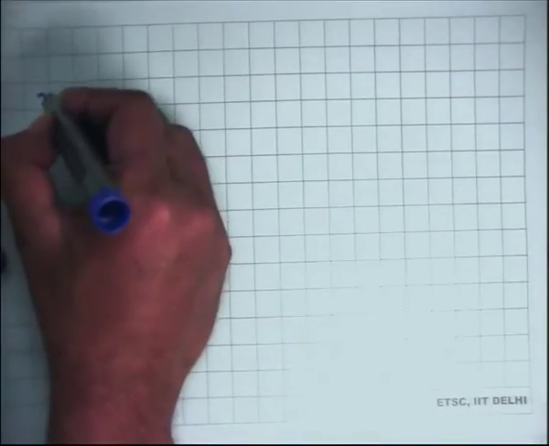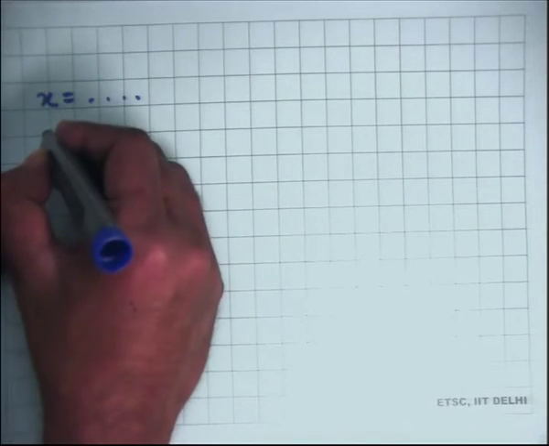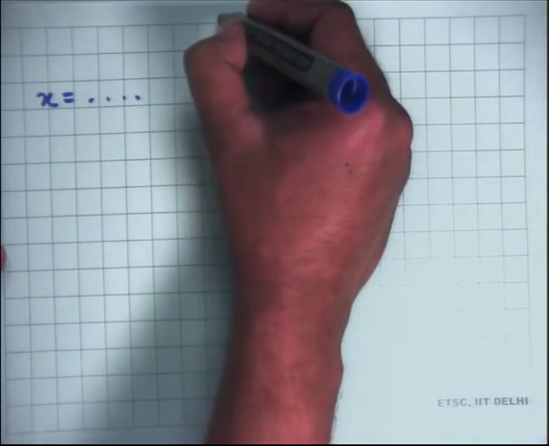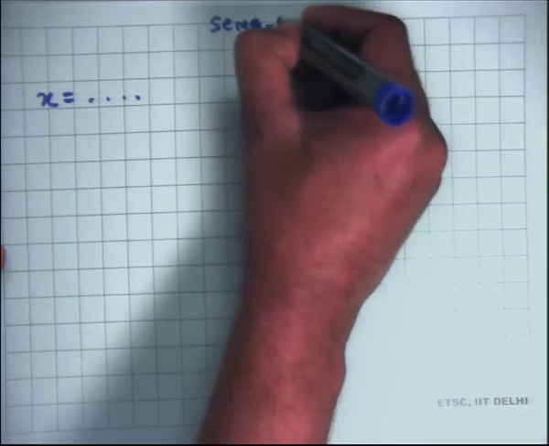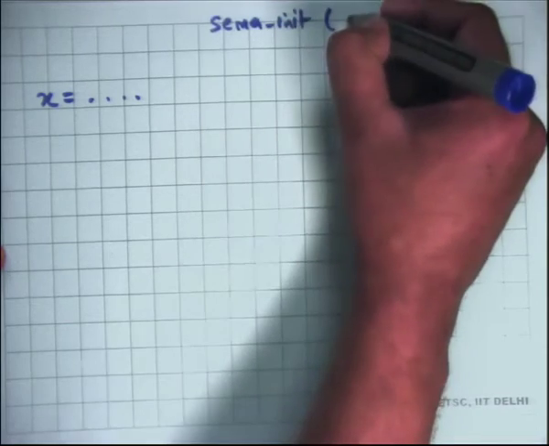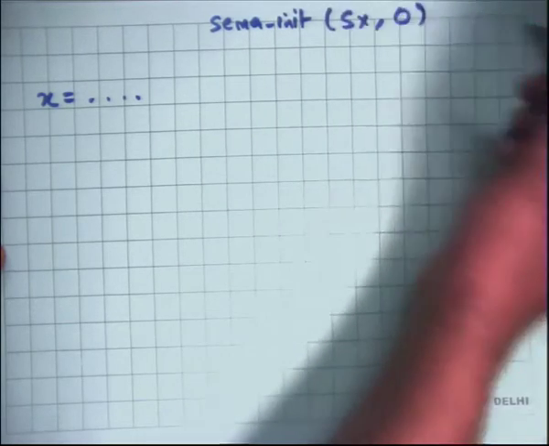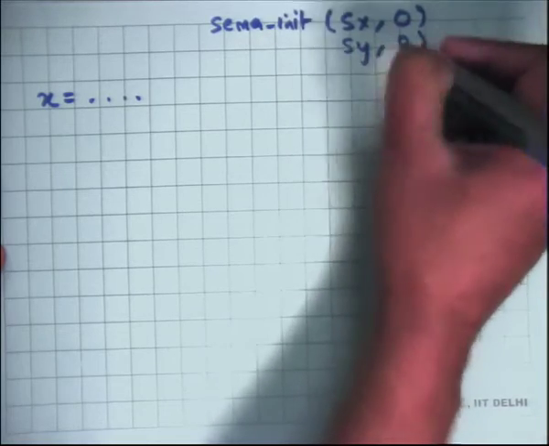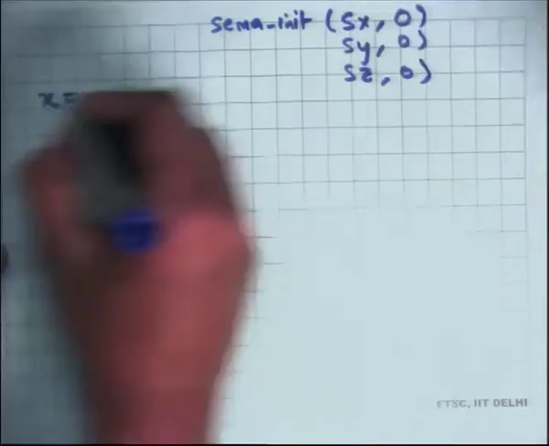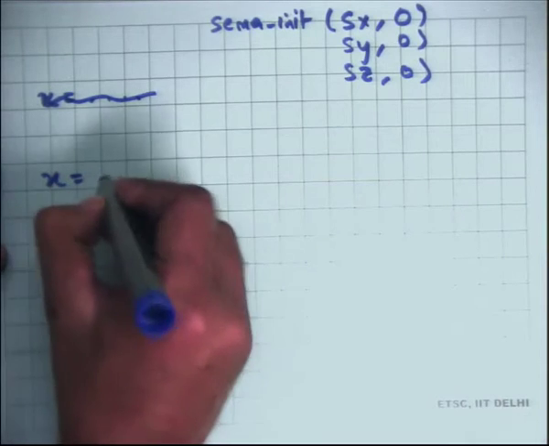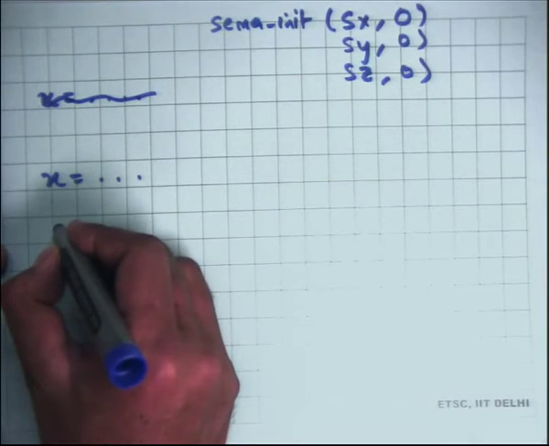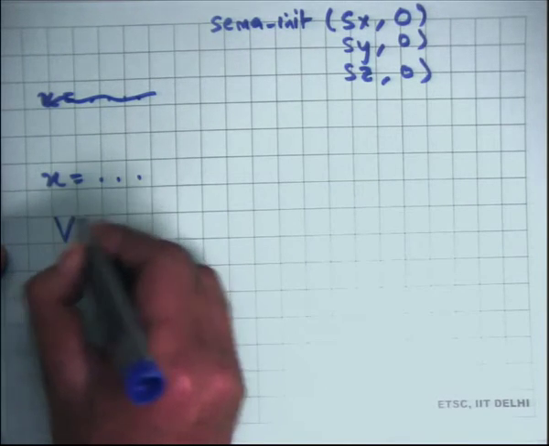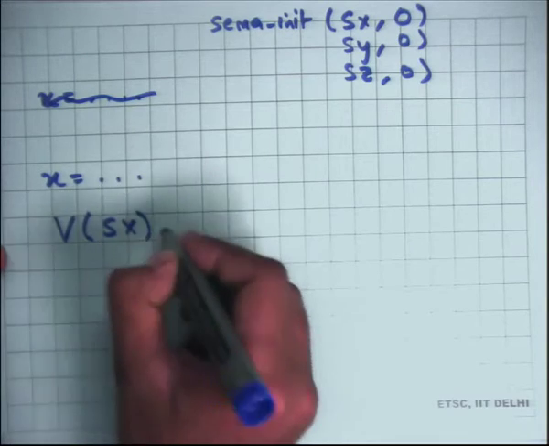So initially all of them are 0. So, sema init sx 0, sy 0 and sz 0, right. Then you say x is equal to dot dot dot, and then you say what? You say v on sx, right.